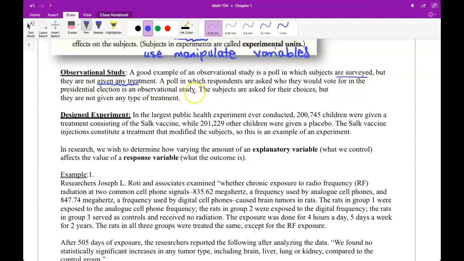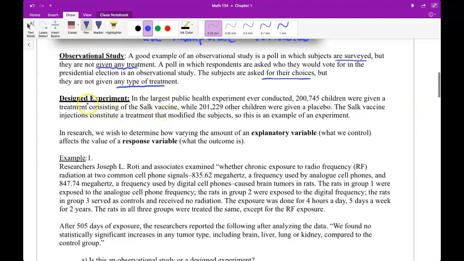A poll in which respondents are asked who they would vote for in the presidential election is an observational study. The subjects are asked for their choices, but they are not given any type of treatment. That's why this example is an observational study, because we don't have any type of treatment.